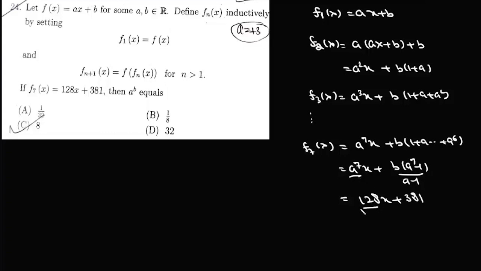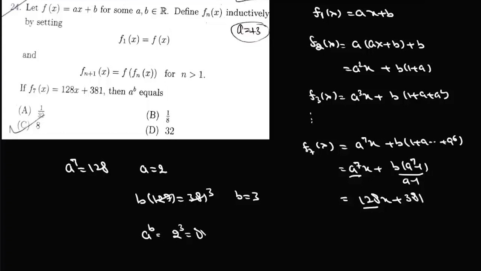Now we compare a to the power 7 with 128, we'll get the value of a as 2. And if we put a as 2 here, we'll get b into 127 equal to 381. So the value of b will be 3. Now we need to find the value of a to the power b, which is 2 cube, and that will be simply 8, and that's your option C.